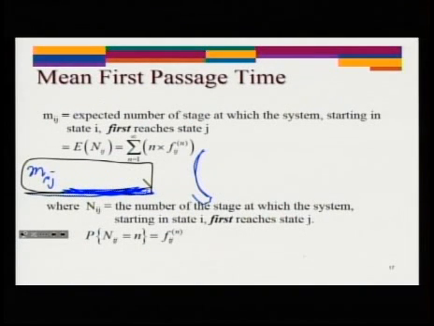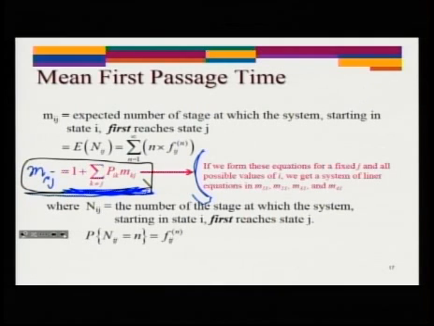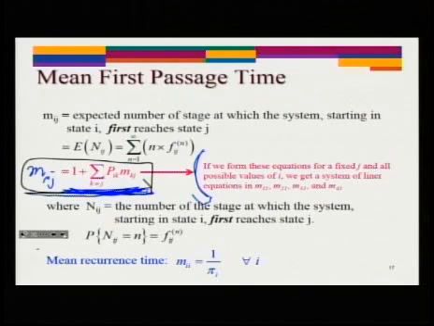And one more thing. Here, at the bottom of the screen, I've included the mean recurrence time, which is represented by m sub ii. So the starting point and ending point are the same.